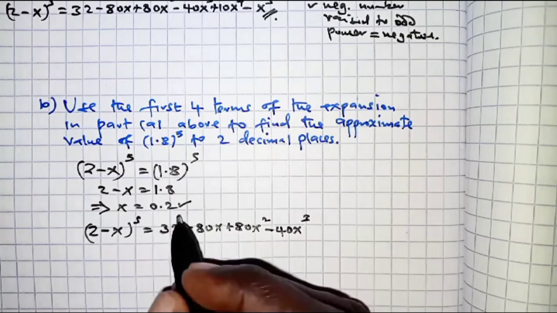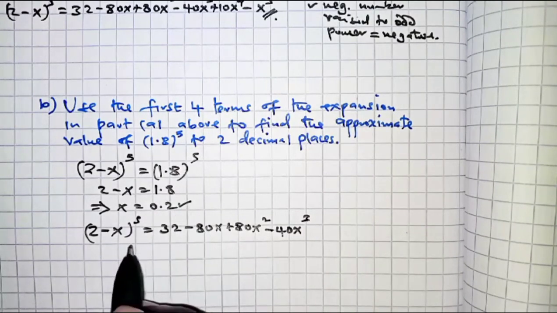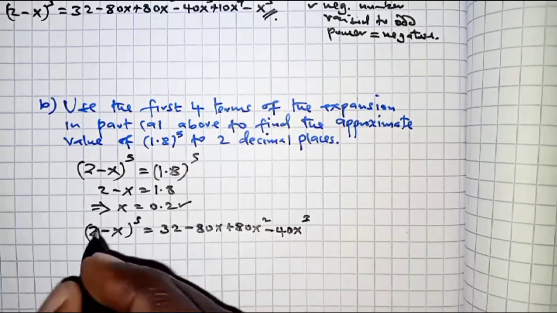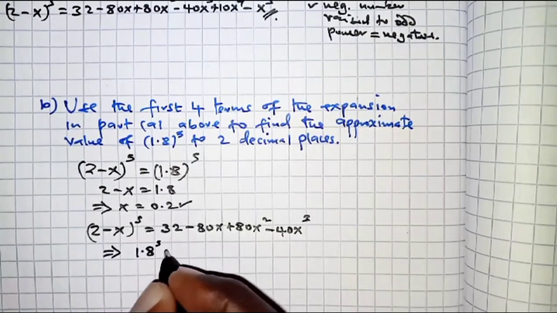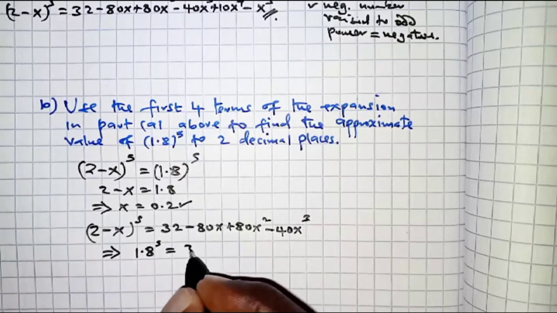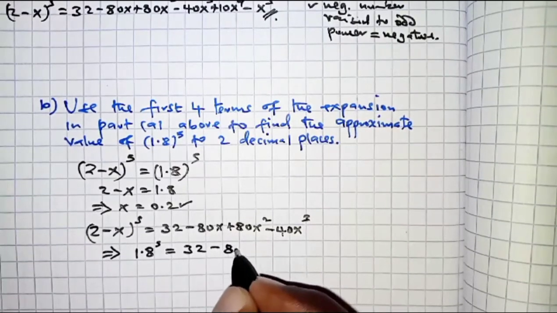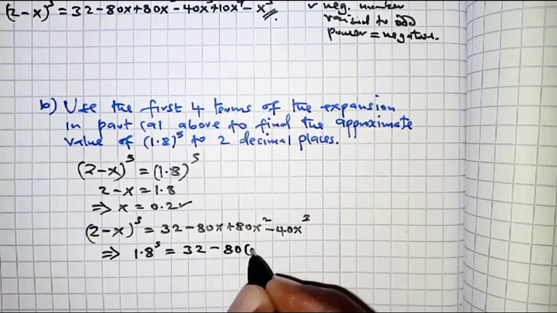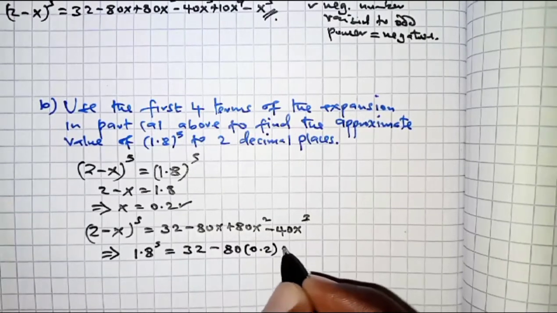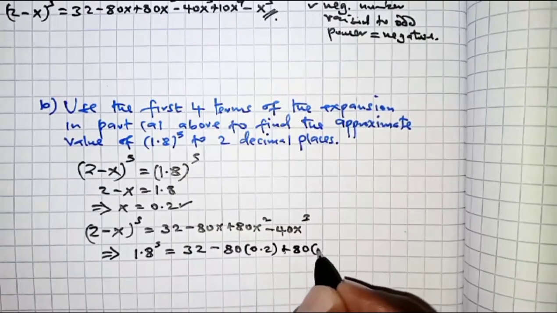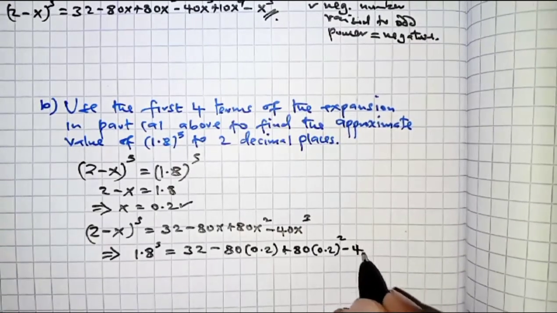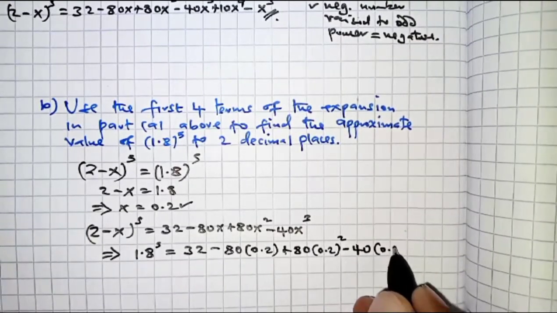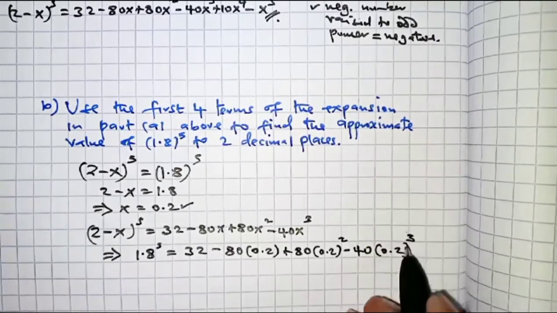We already know the value of x, so we just substitute in the expansion. That implies that 1.8 raised to the power 5 will be obtained as 32 minus 80 times, substituting the value of x, which is 0.2, plus 80 times 0.2 squared minus 40 times 0.2 cubed.